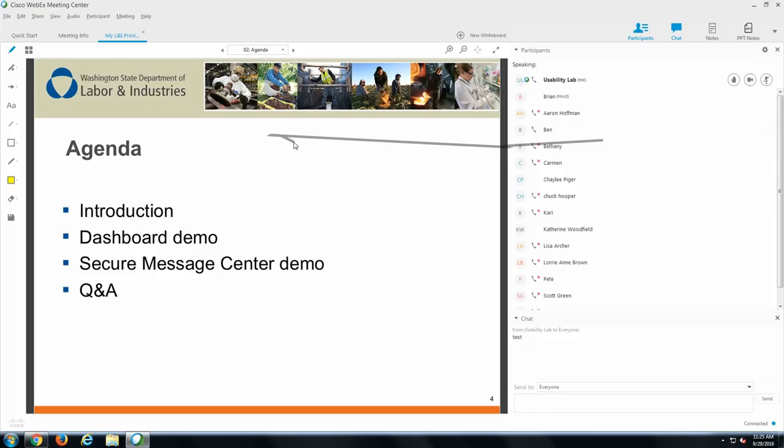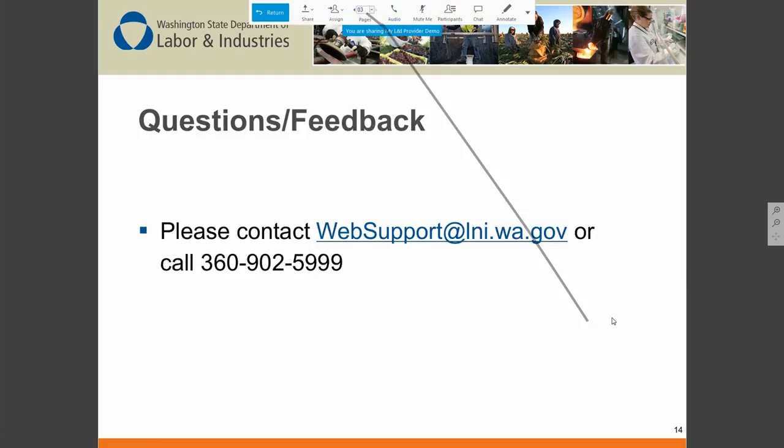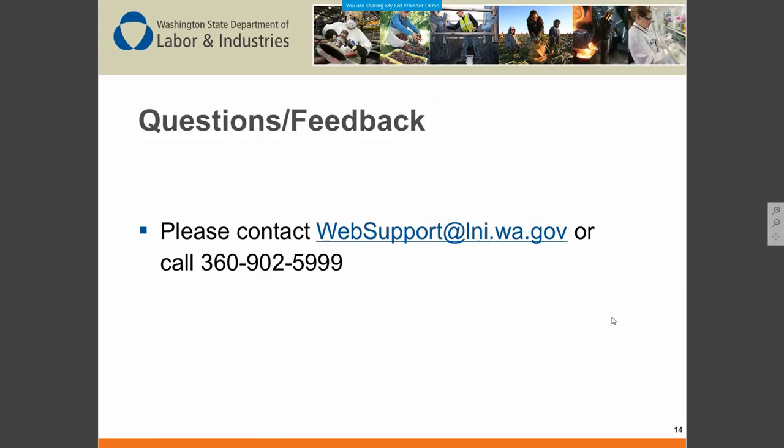And if you're not sure what questions you might have right at the moment, I wanted to just let you know that obviously you can contact your Coheed contract manager with questions or suggestions, but you can also send them to our web support team. This is their email address, and you can call their phone number as well.